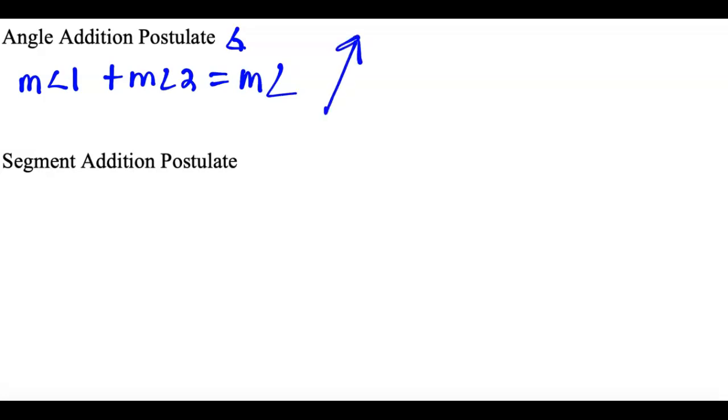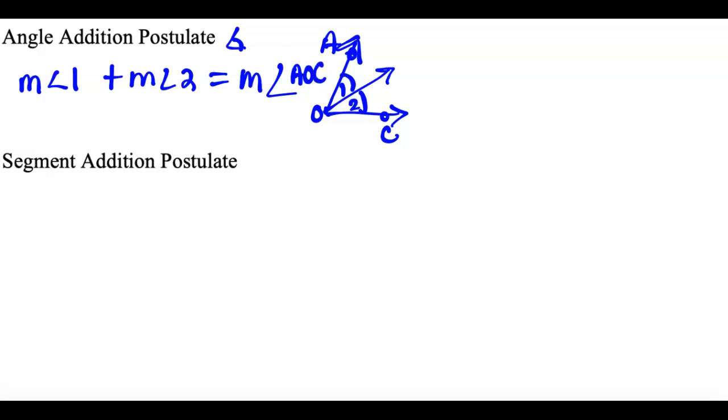So here we have angle 1 and angle 2, and this is going to be A, this is going to be O, and this is going to be C. So we see that if we put two angles together, we actually get the measure of angle AOC.